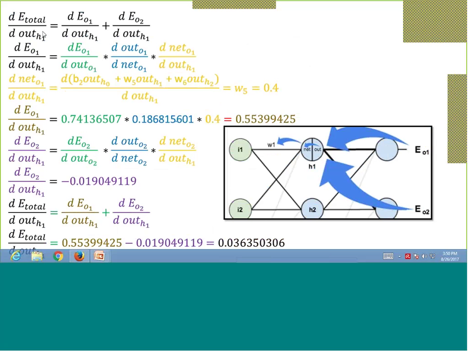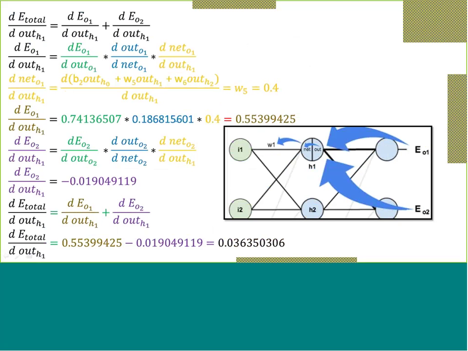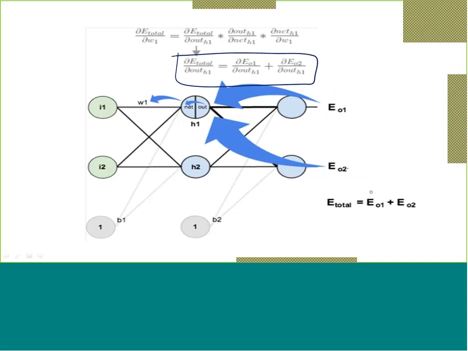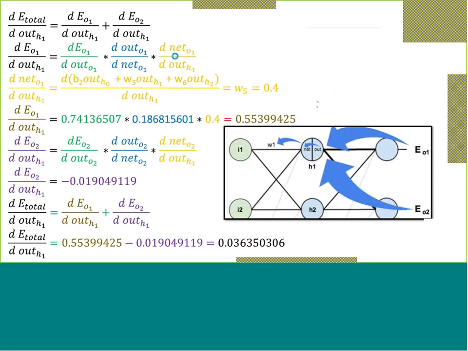Okay, so this is total. I'm first calculating this expression here. This is important. So EO1, this is out H1.